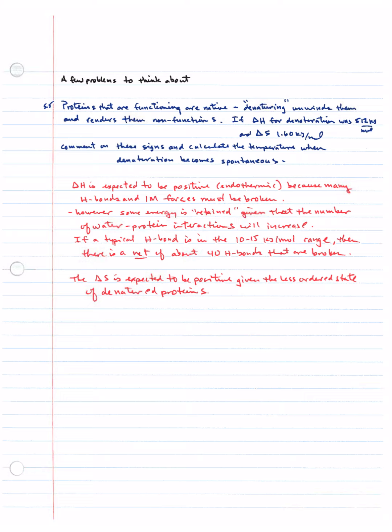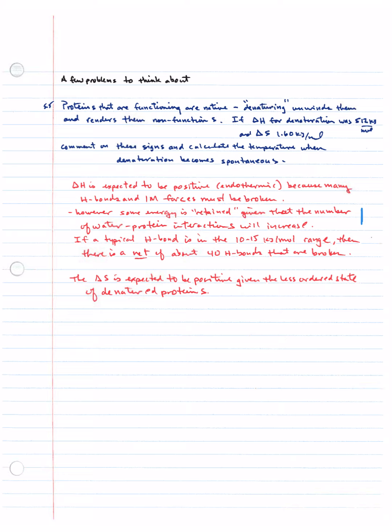Delta H is expected to be positive, endothermic, because many hydrogen bonds and intermolecular forces must be broken to unwind the protein. However, some energy is retained, given that the number of water-protein interactions will increase. In other words, you can't exactly say that entire 512 kilojoules is going straight into breaking bonds, because there will be an increased number of interactions with water.